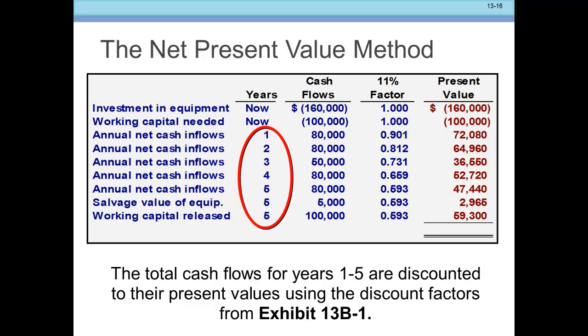Notice that we would use the present value of a single amount for each amount instead of using the annuity factor. You can also see that in year 3, we have a cash inflow of $50,000. This is the annual cash inflow of $80,000 less the outflow for the equipment relining of $30,000.